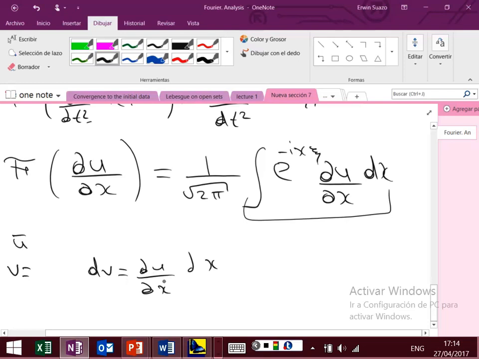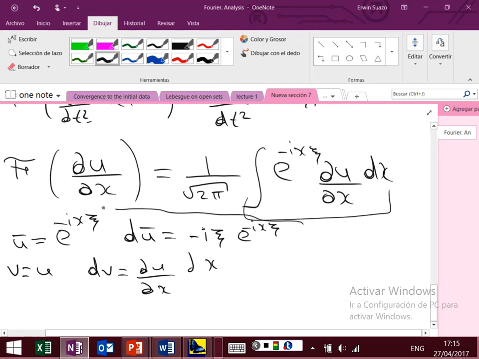If dv is du dx, v is this u, right? Sorry, I'm using the u bar so people don't get confused. So what is gonna be u bar? e to the negative i x xi. So what is du bar? Negative i xi. Right. That's it. So this is using integration by parts.